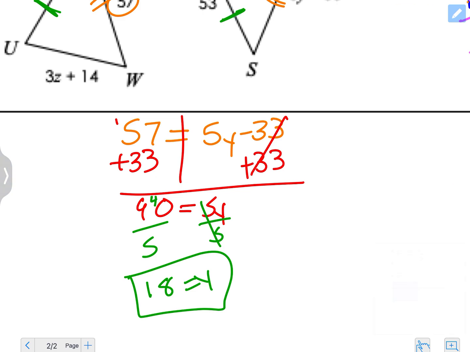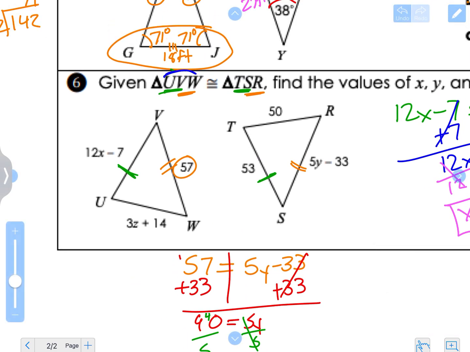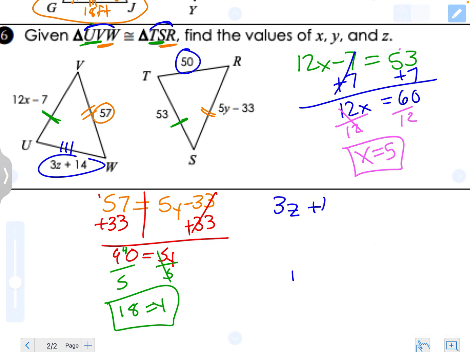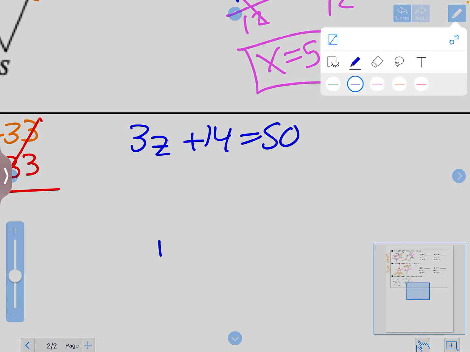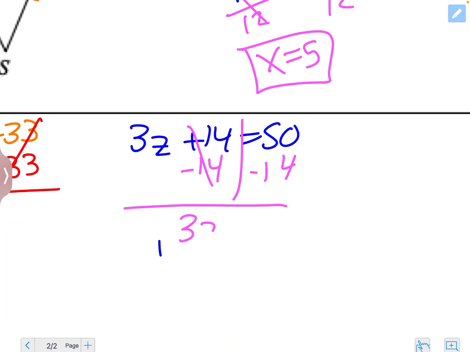And then our last set of sides, I would always check them just to make sure. UW is congruent to TR. So we have 3z plus 14 equals 50. So subtract 14 from both sides. 3z, 14, that's a 6.